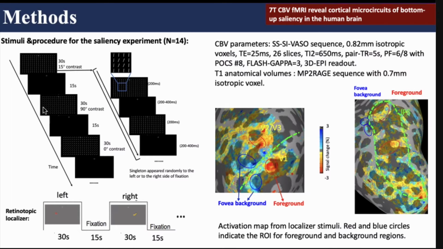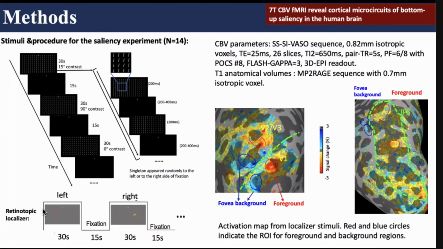And these conditions were presented in separate 13 second blocks, and one stimulus block consists of 16 bar displays, each lasting 200 milliseconds and followed by 200 to 400 milliseconds of fixation. And the foreground bars will appear laterally to the left or the right side of the fixation.